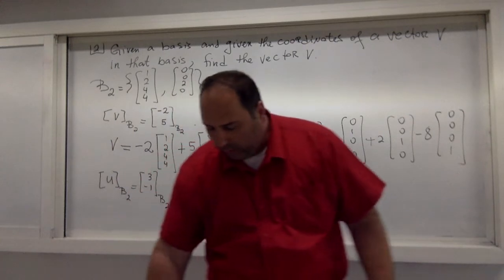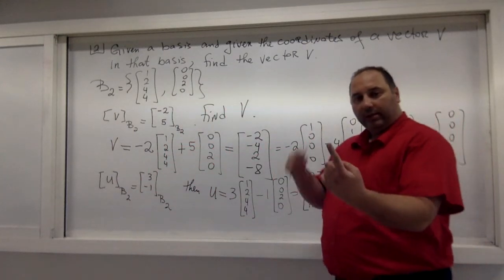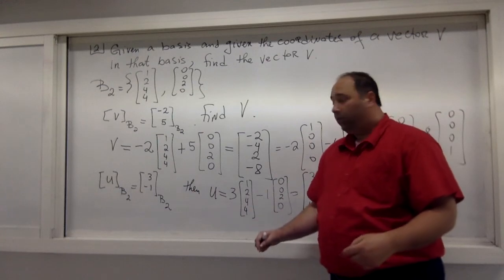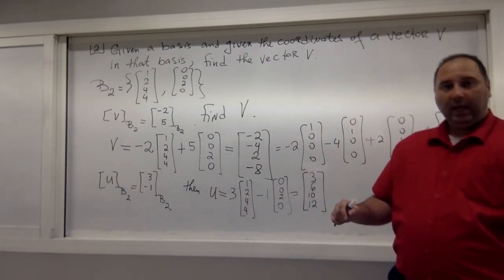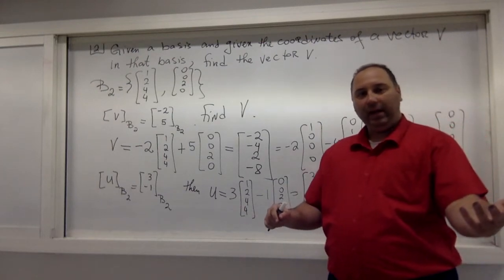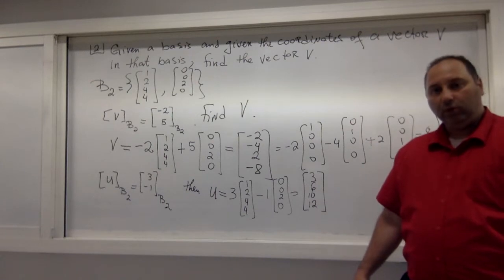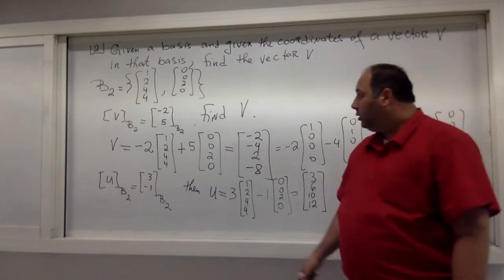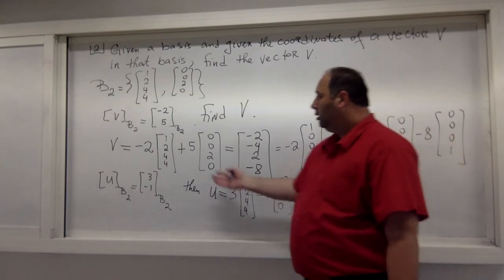Now, what would be fun is to go from one basis to another basis. What I mean by that is, I give you the coordinates of a vector in basis B1, and I ask you, hey, what are the coordinates of the same vector in basis B2? And then you scratch your head, and you don't know. Well, one way of doing it would be this.